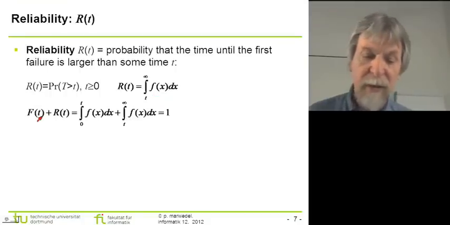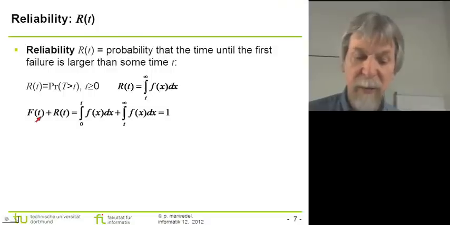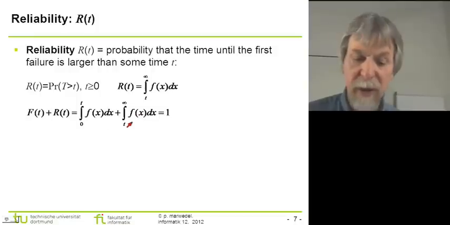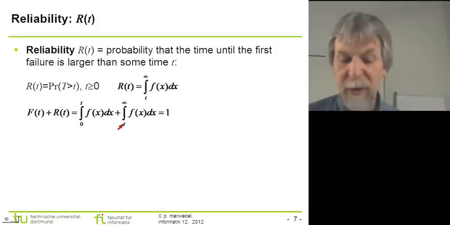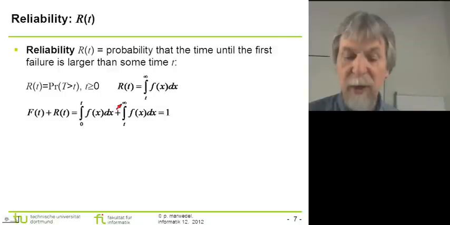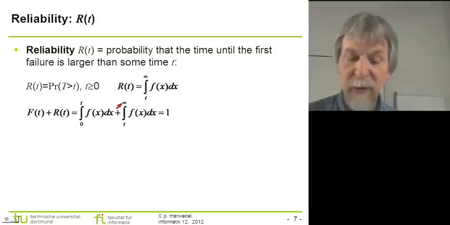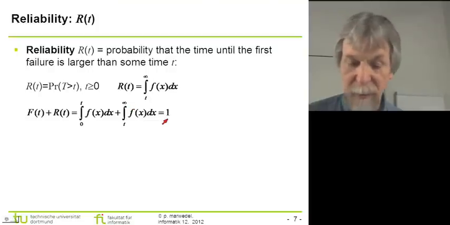Now we can add the reliability and the probability of the system being faulty at time t. That means we have to add these two integrals. In this case we are integrating from 0 to t, and over here we are integrating from t to infinity, which means that we are integrating over the whole domain of our variable, and since probabilities are normalized, the sum must be equal to 1.